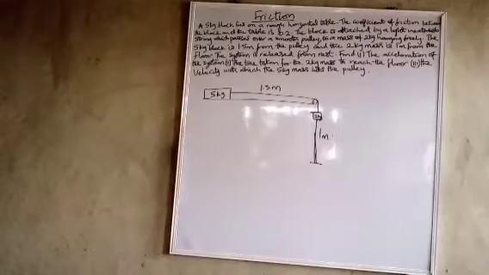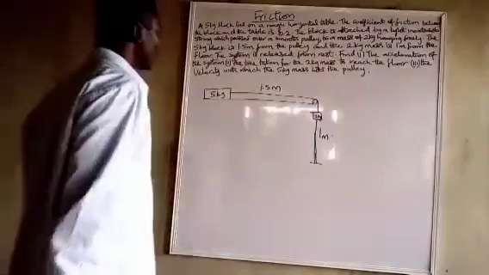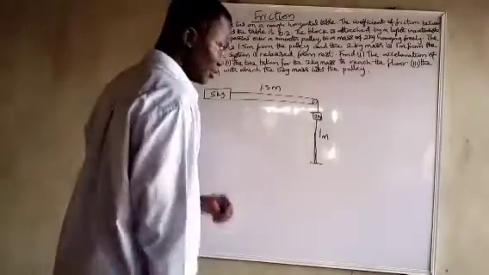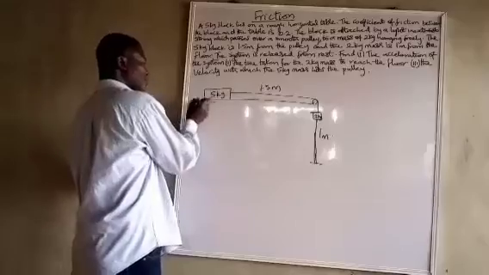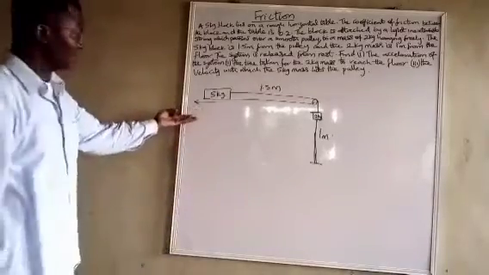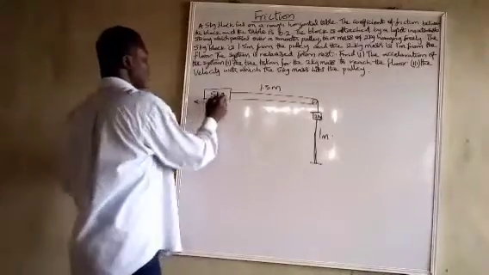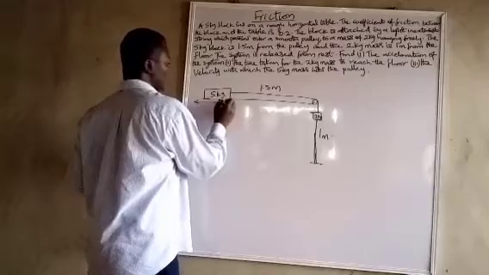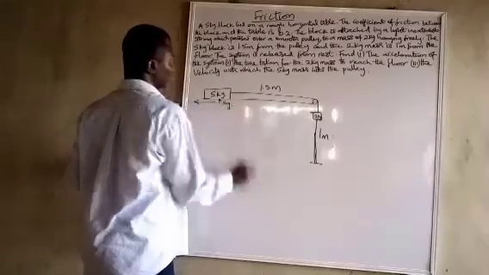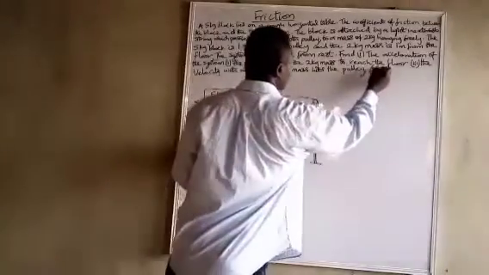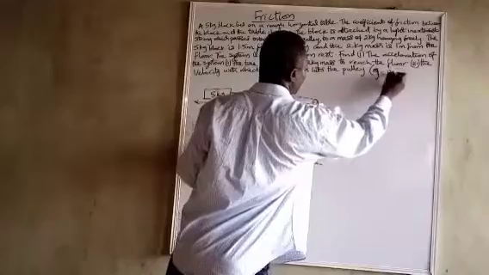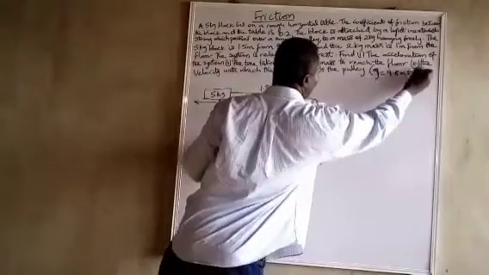Here, we have a very interesting question. To find the acceleration, we know that frictional force will act against the motion, and the normal reaction here is 5g, where g is 9.8 meters per second squared.